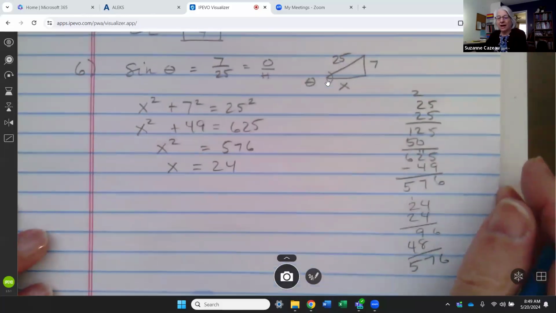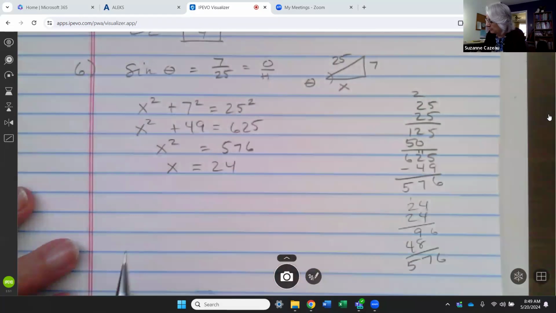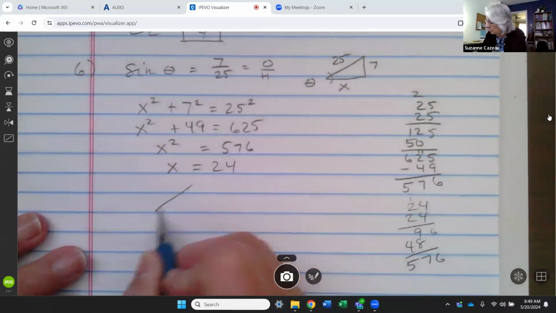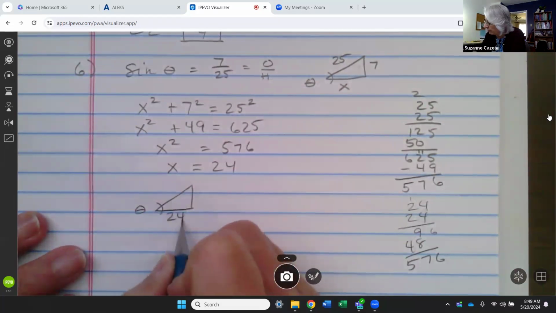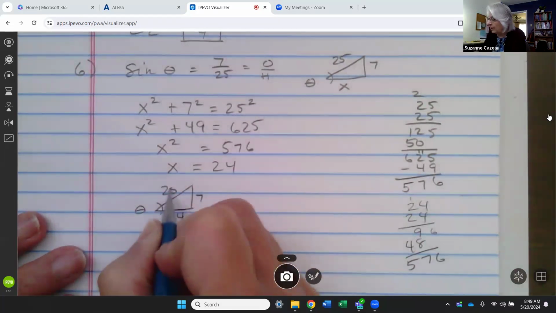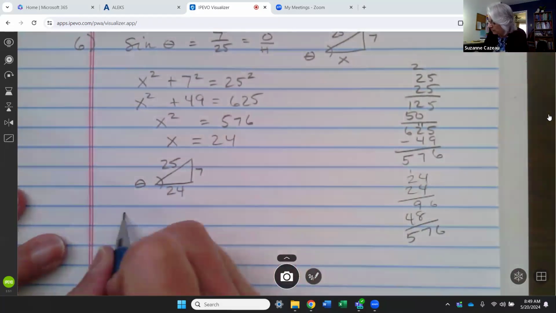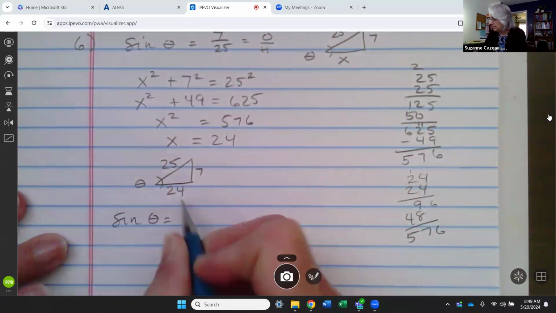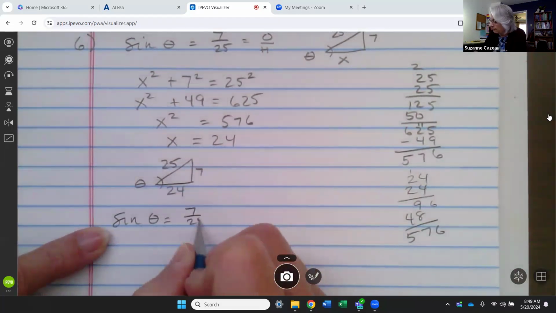So now that I have all my sides, I can do the 6 trig functions. So here's theta. We got 24, 7, and 25. And that's just a matter of sine of theta is opposite over hypotenuse. And they gave us that.